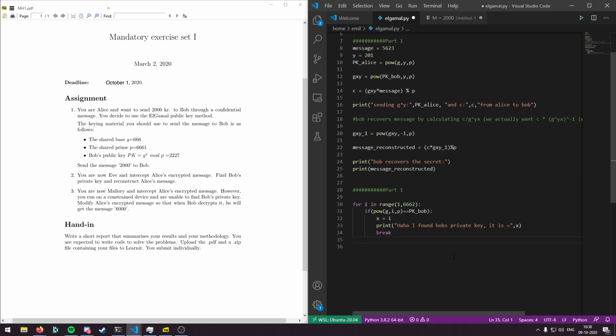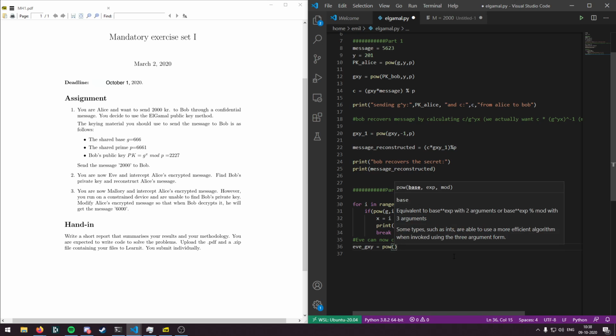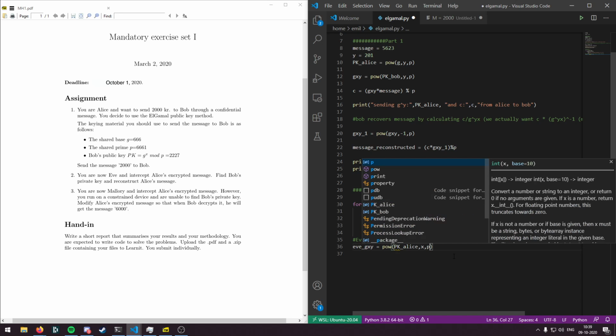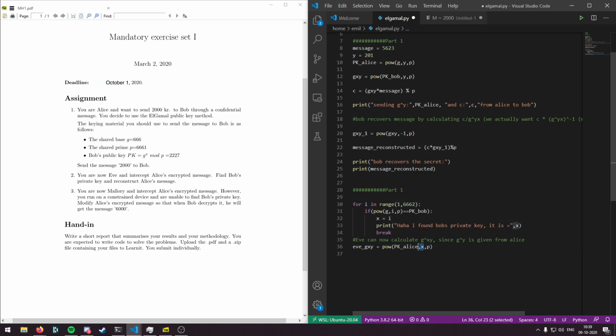And let's say that Eve can now calculate g to the xy, since g to the y is given from Alice. And let's make a variable Eve gxy equal to pow, not very good at typing, very sorry, Alice xp. And this is the x that we found, Bob's private key.